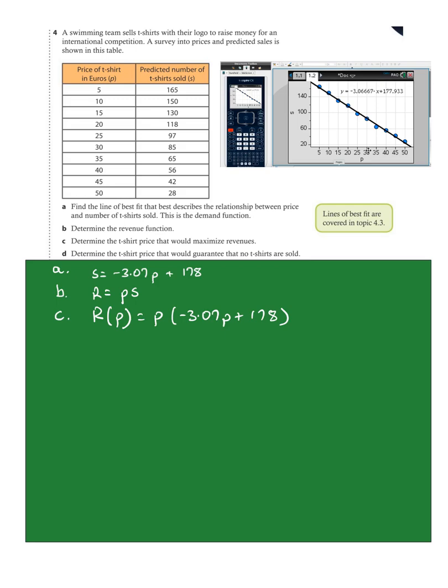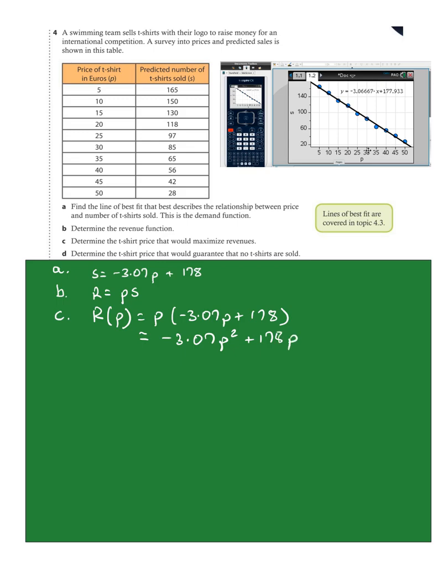Now it says determine the t-shirt price that would maximize revenues. So we're looking for the vertex of this. All right. So let's expand this. We've got minus 3.07 P squared plus 178P.